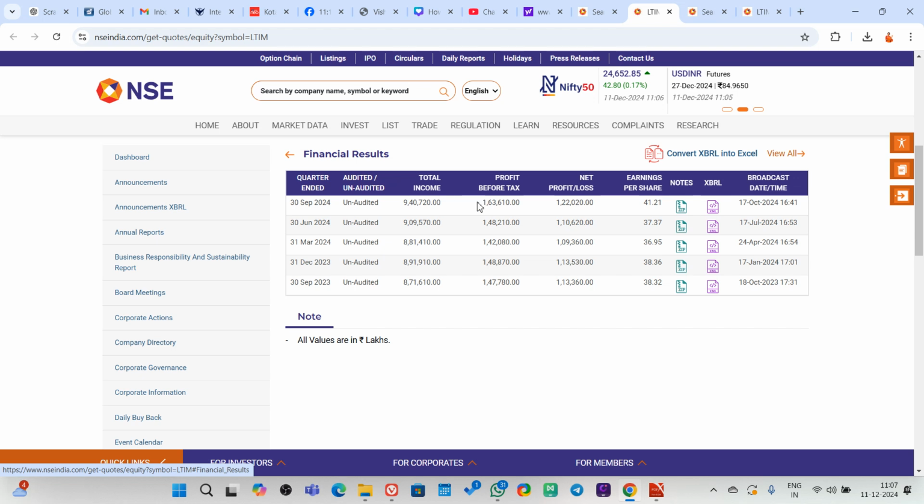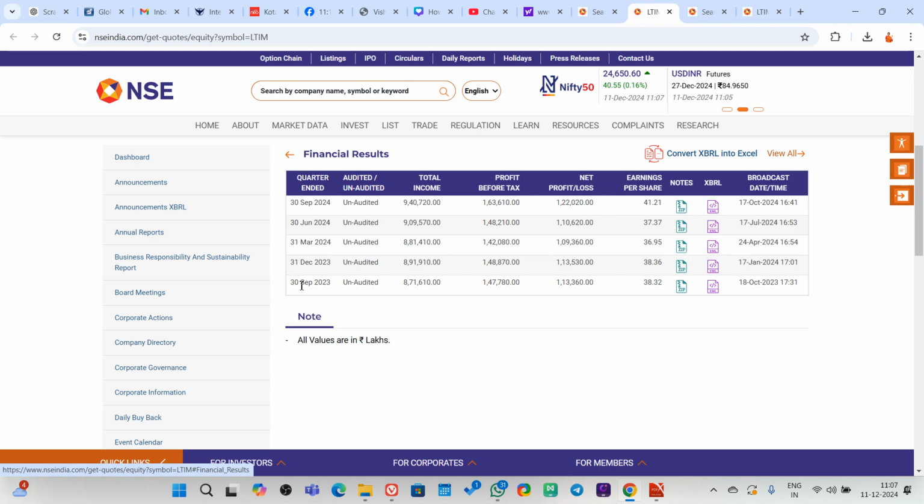In this September quarter, they have 1,63,610 lakh rupees profit before tax. So this amount includes tax. After paying the tax, they have a profit of 1,22,020. This is the net profit they have earned in the last quarter.